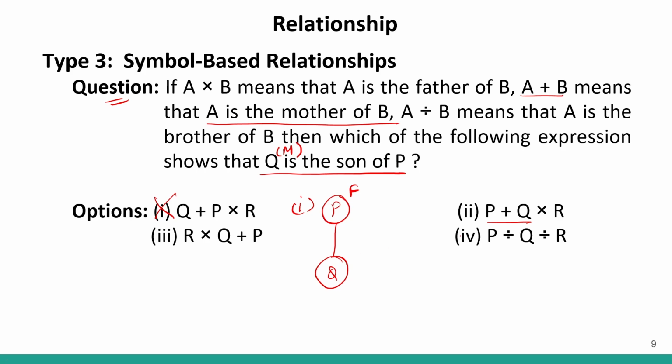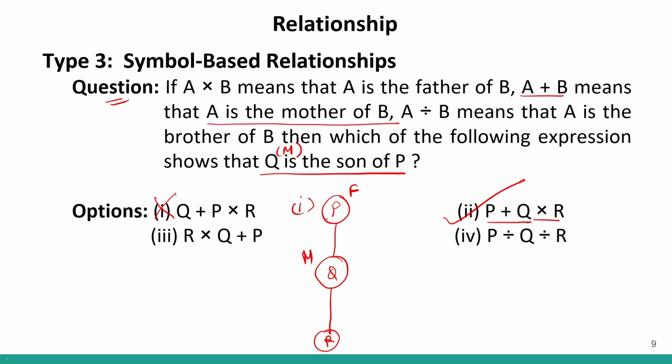Not now. Q into R means Q is the father of R. So if Q is the father of R, that means Q would be male. Now can we find that Q is the son of P? Yes, because Q is male and P is female. So Q is the son of P can be derived with option number 2. So this should be your answer. Option number 2. Clear?